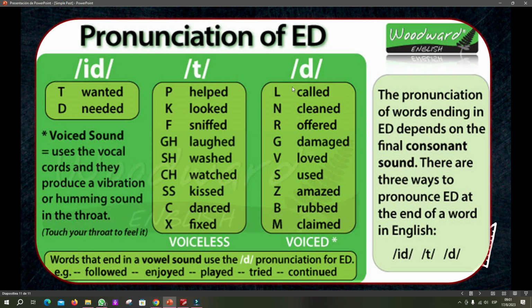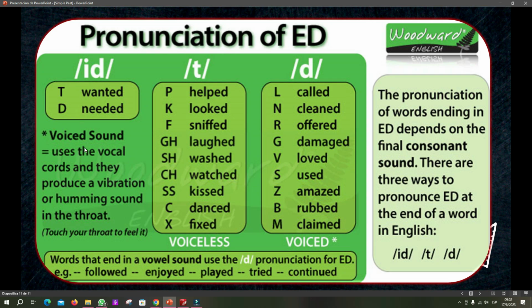Entonces, cuando tengan ustedes estos sonidos en la terminación de ese verbo y agreguemos ed, la pronunciación va a ser una D al final. Cold, cleaned, offered, right?